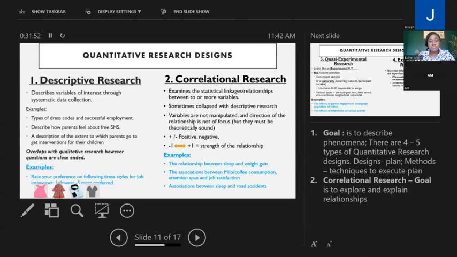In correlational research, in looking at the relationships, you are seeking to know if there is, for example, a positive relationship between the two variables, or a negative relationship between the two variables. And when we talk about positive relationships, we are pretty much thinking about, for example, as X increases, Y is increasing as well, right?